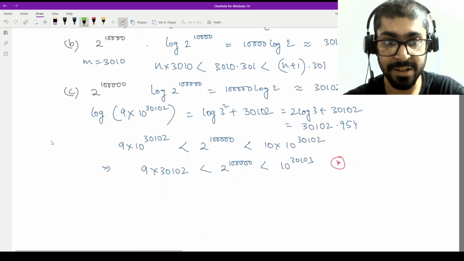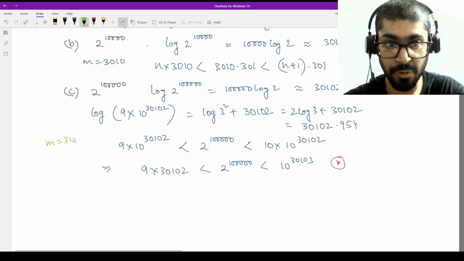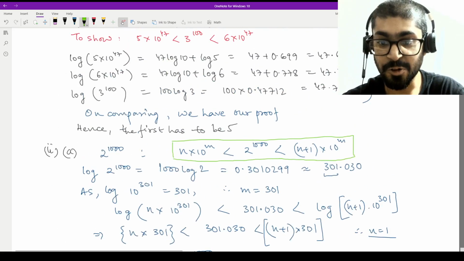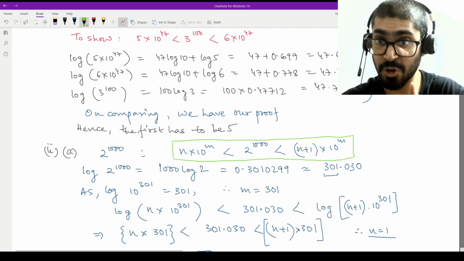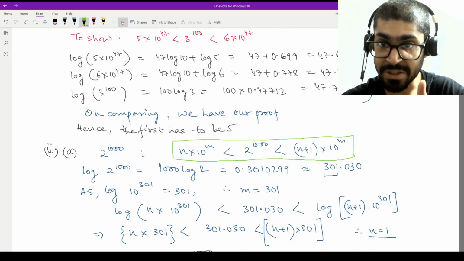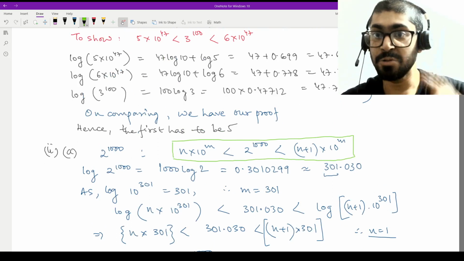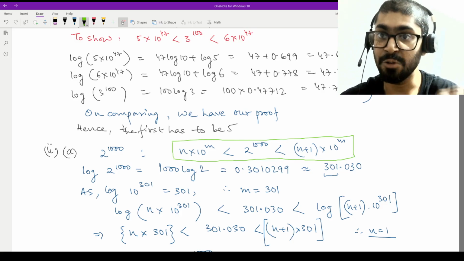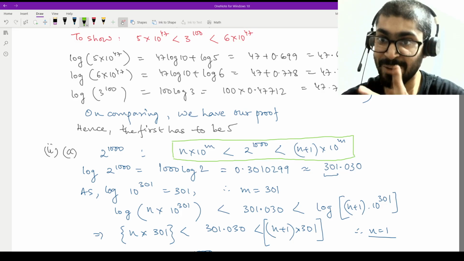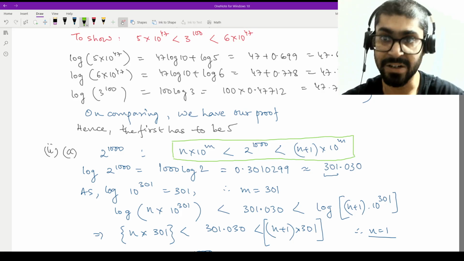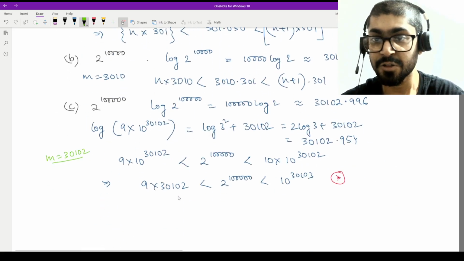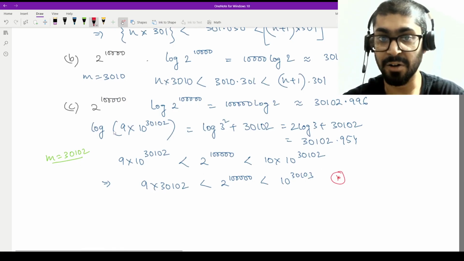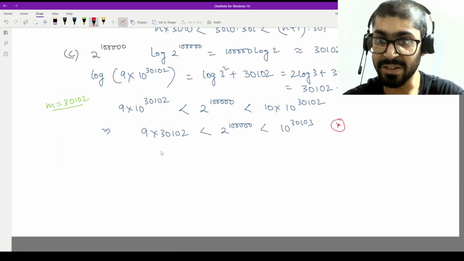Our m here is 30102, but our n plus 1 turns out to be 10 instead. If it turns out to be 10 instead, then this equation will become n into 10 to the power m less than whatever is sandwiched, less than 10 to the power m plus 1, because that n plus 1 is 10 and it gets multiplied, the power increases by 1. Okay, so this is the only difference in the operations part of this sum. Otherwise the theory is entirely the same.